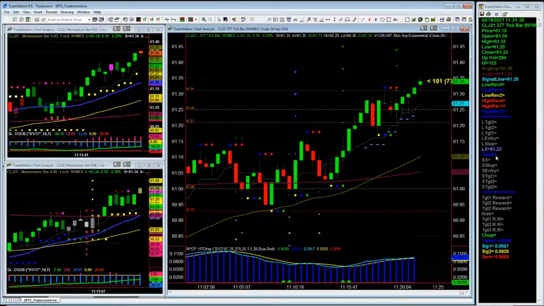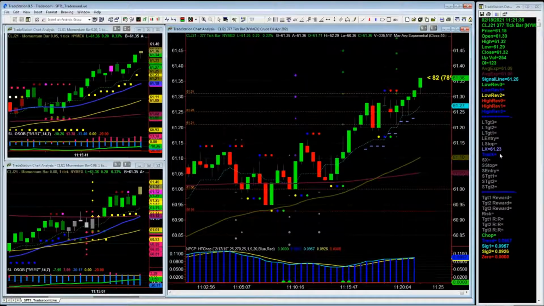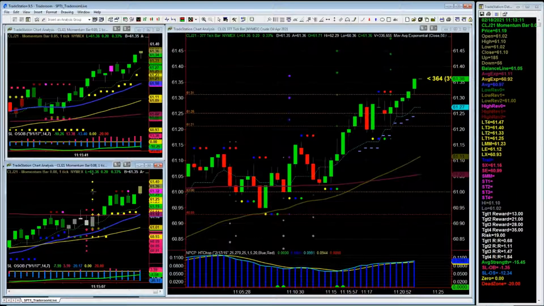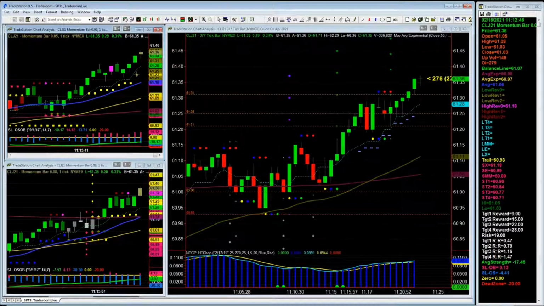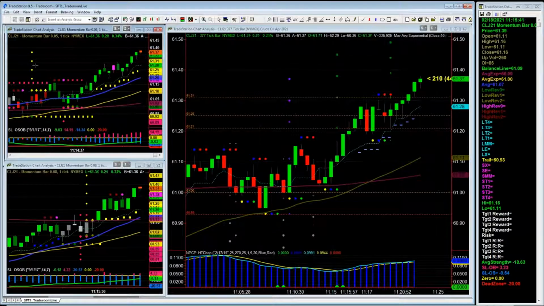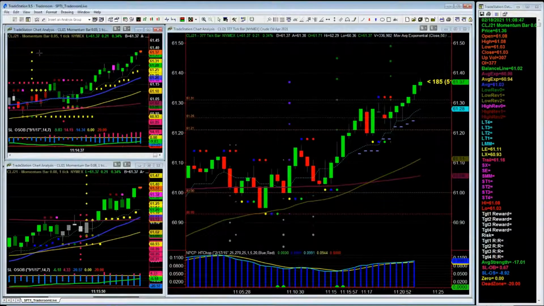All right, the stop's at 61.23. It's going to move to 24 here in a moment. And check out Spotlight. Spotlight hits target 2 for 21 cents on the lower left chart, and is still trailing on the 5-tick momentum bar as well. So everything is up. Look at targets 2 and 3 hit on Spotlight 5-tick.